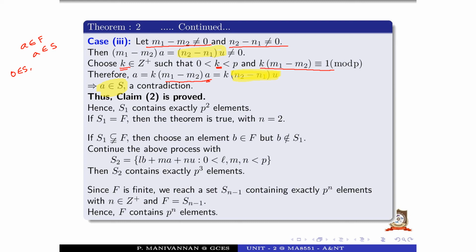Thus, claim number 2 is proved. So all the cases are contradictions. Therefore, S has exactly p squared elements.